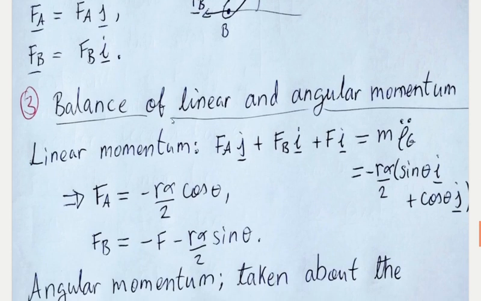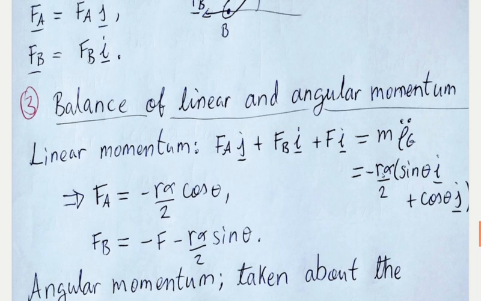So first we're going to do balance. Well, we can do both of them, balance of linear and angular momentum. But let's start with balance of linear momentum. All that means is you sum all the forces together, and all those forces together have to equal the acceleration of the center of mass times the total mass. So we've already figured out this thing here.